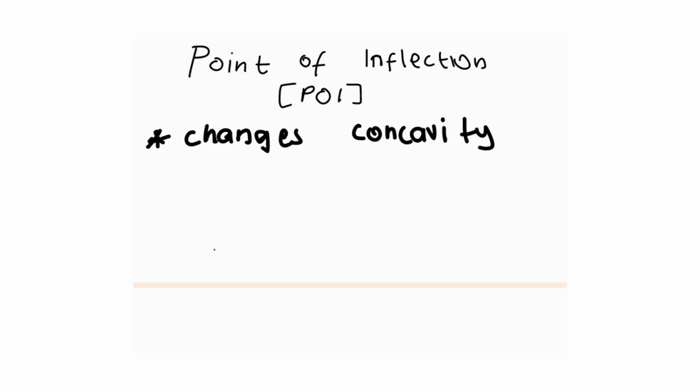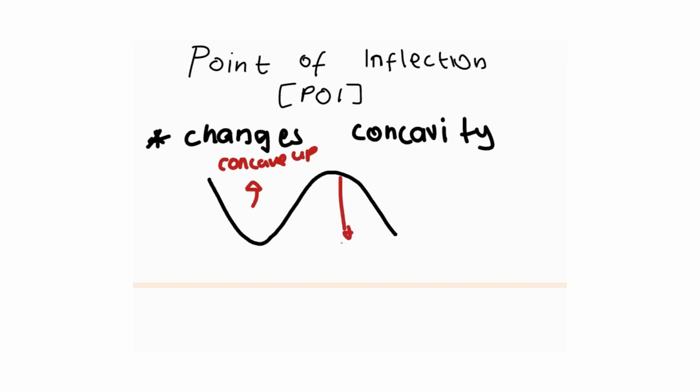So if we are looking at a graph that, let's say, starts with a local minimum followed by a local maximum, we will say the first part is concave up, and the second part is concave down. And the point where the graph changes from being concave up to concave down, somewhere there, is now called our point of inflection.